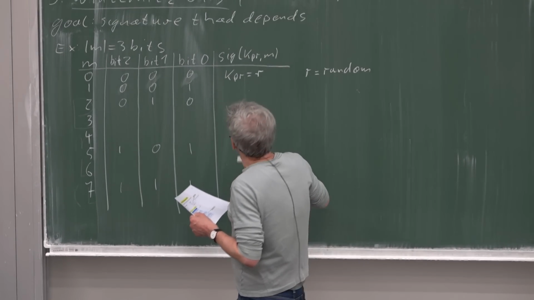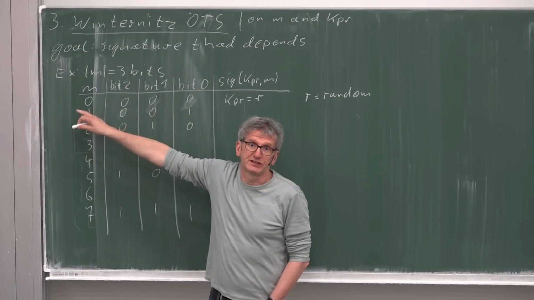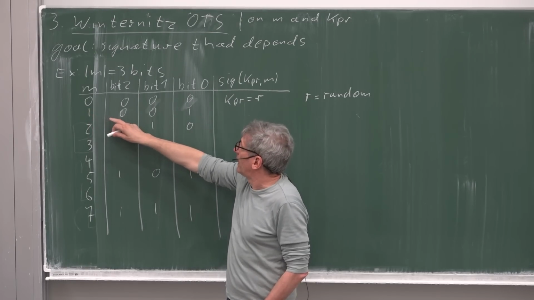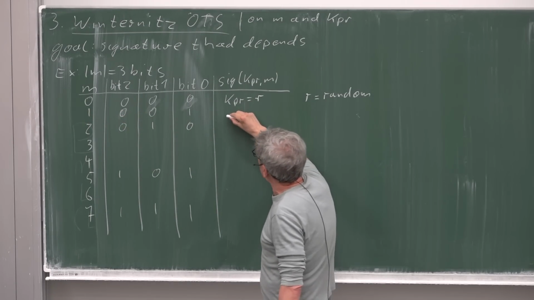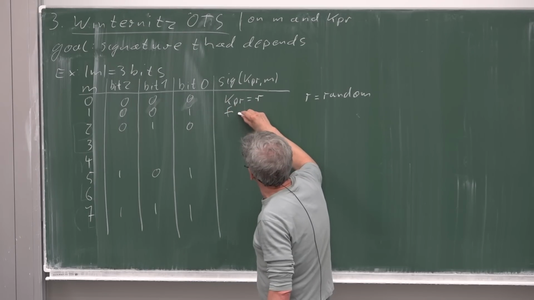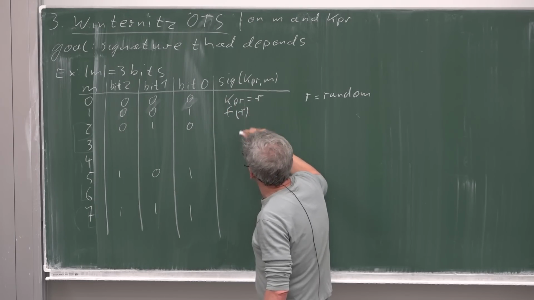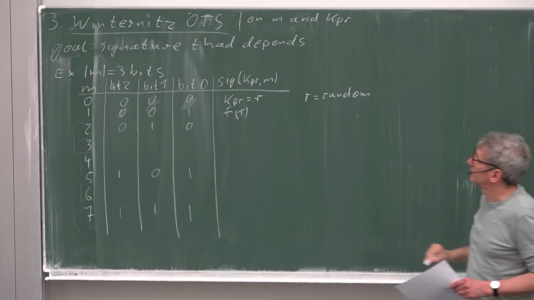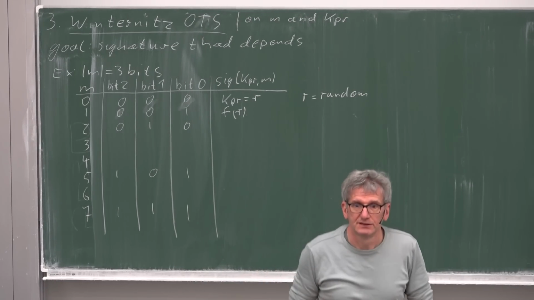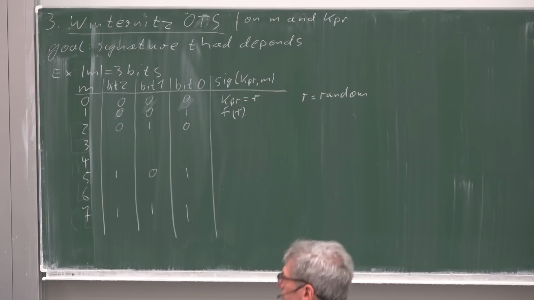Now it's getting interesting. If the message is equal to 1, so the bit pattern 001, we hash this once with the hash function f.